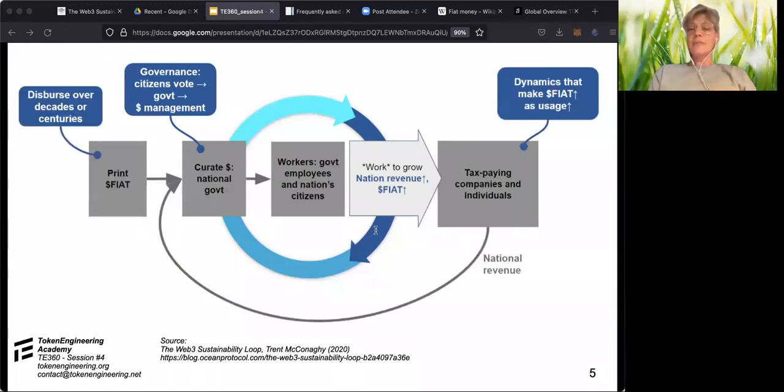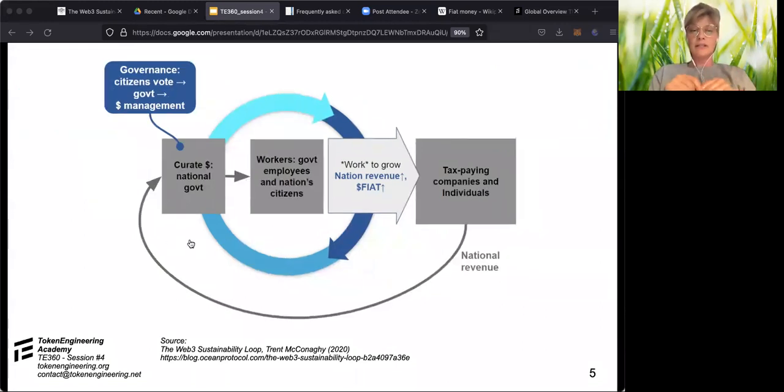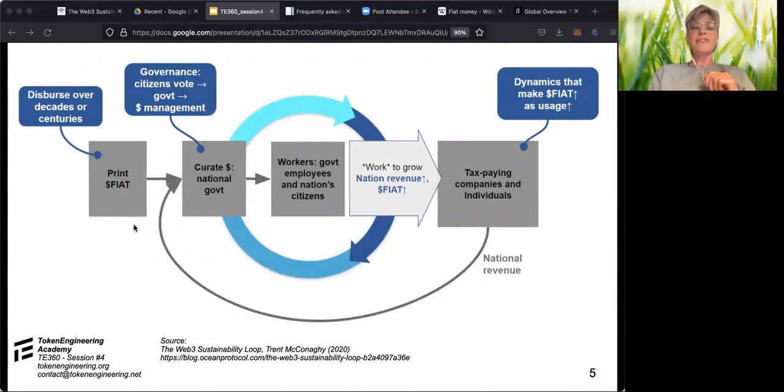And he mentions, print fiat on the left. He mentions Jay Forrester, MIT professor, and his systems approach to model national economies. And I quote again, this picture summarizes a machine for a well-designed national economy.